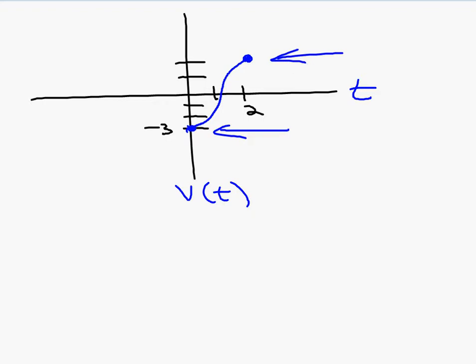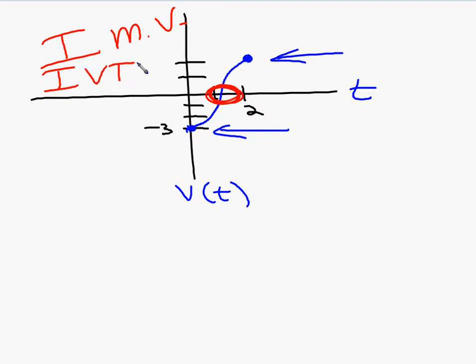So at some point, it had to be 0, if the function is continuous. We were told that the velocity is a differentiable function, so that means it is continuous. This is the explanation of the intermediate value theorem.